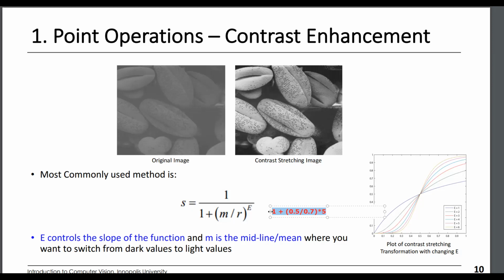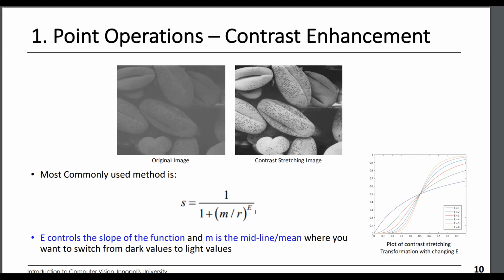Okay, 1 divided by this. So this gives us 1.1, and 1 divided by 1.1 gives us 0.85. So we started with 0.7, and we ended up with about 0.85.